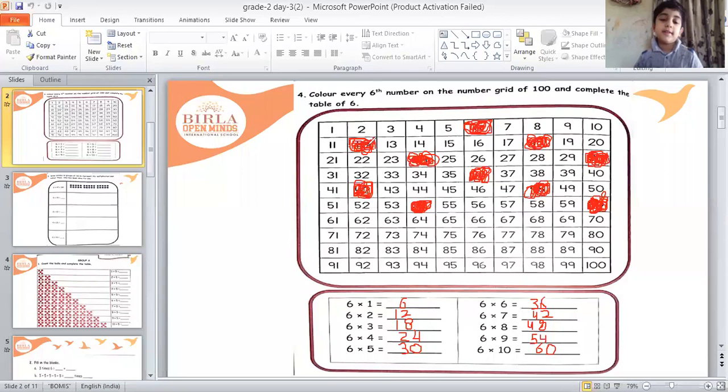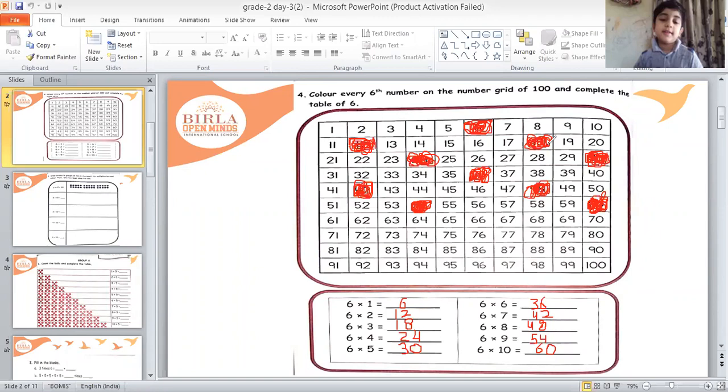Fine. Then again we have to color the next 6th number. So again we'll start counting after 12: 1, 2, 3, 4, 5, 6. Our next 6th number will be number 18. In a similar way, you will count and color every 6th number.